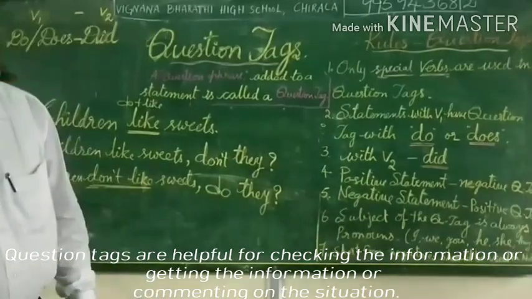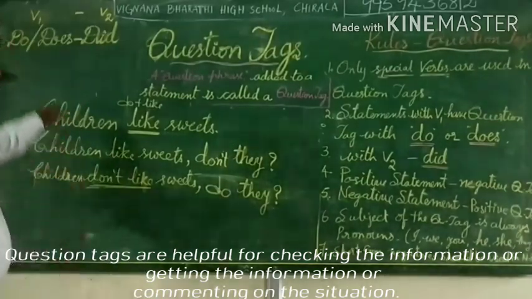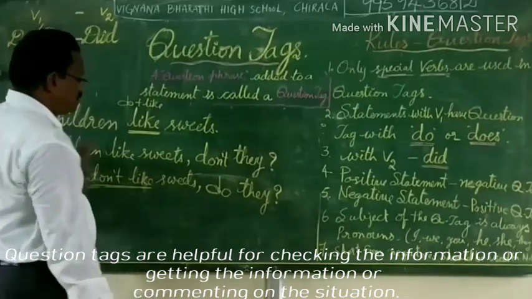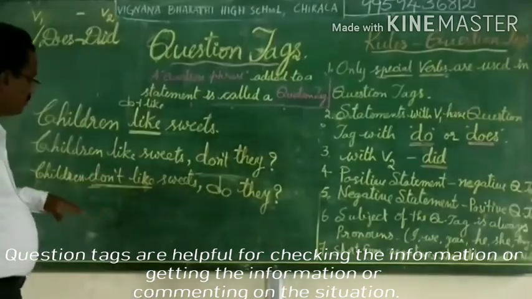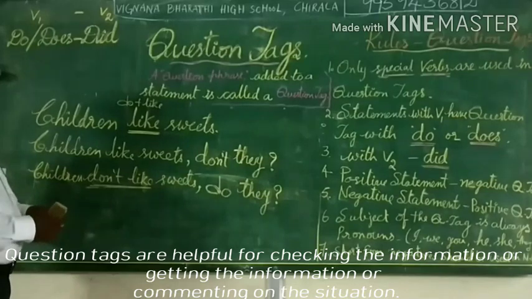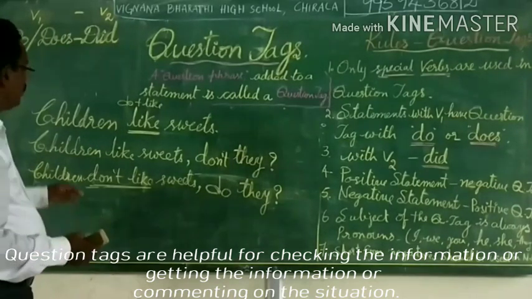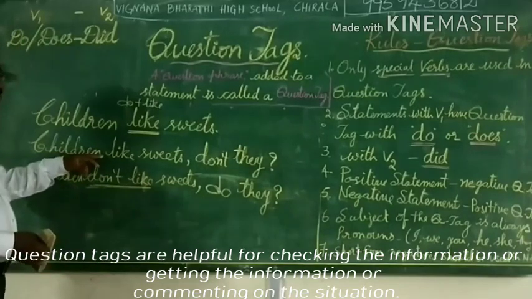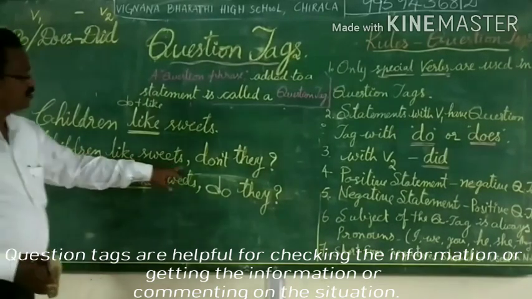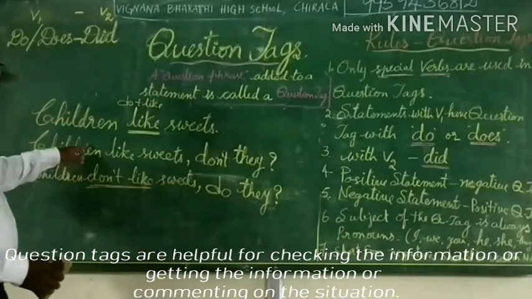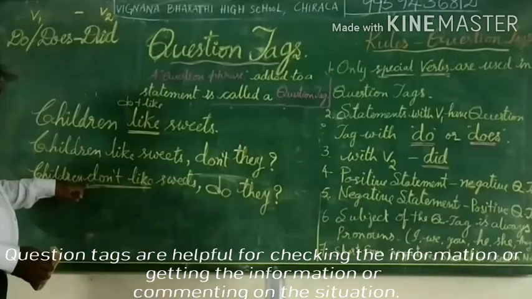Now another set with does. I hope that you have understood. I give some sentences. It is better you note down in your notebooks and answer them in different styles like this. For a positive statement, a question tag, and make the same statements into negative.